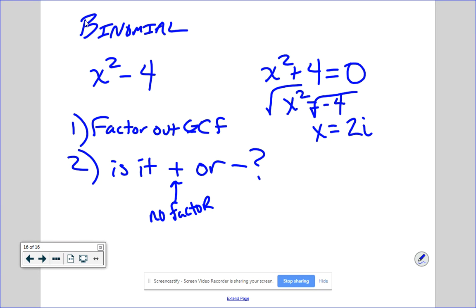What does i mean? Imaginary. So if we're trying to find an intercept, what does that mean? If the intercept is imaginary, there isn't one. So my graph never crosses the x-axis. So that is why sum of squares cannot be factored. Because if you have a sum of squares and you're factoring, it's never going to cross the axis. Because what shape is x squared? What shape's the graph?